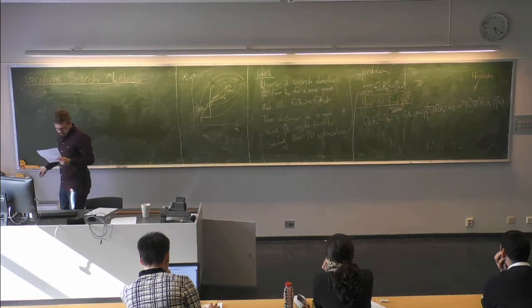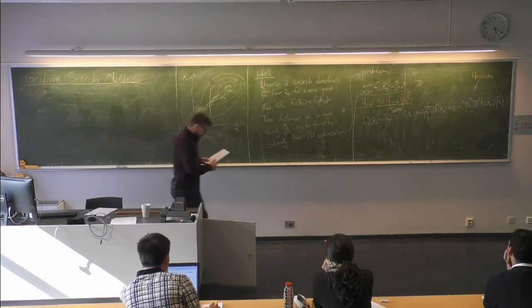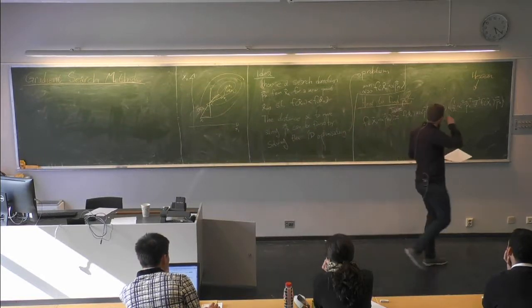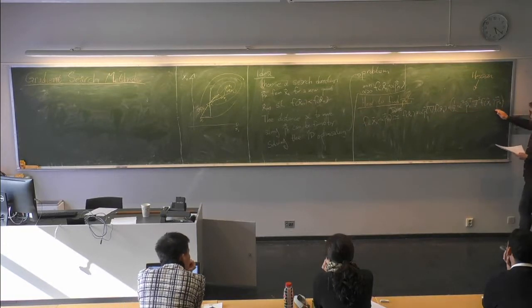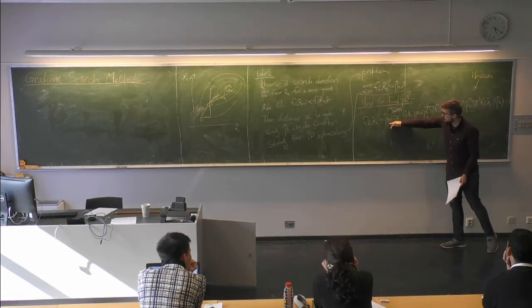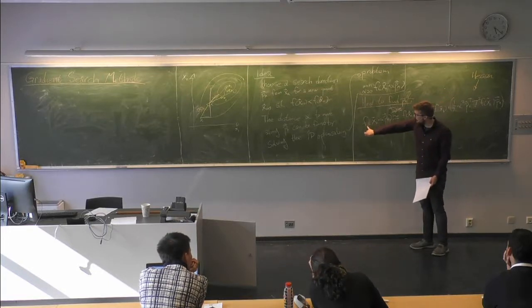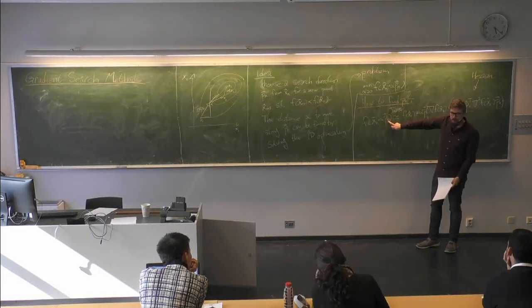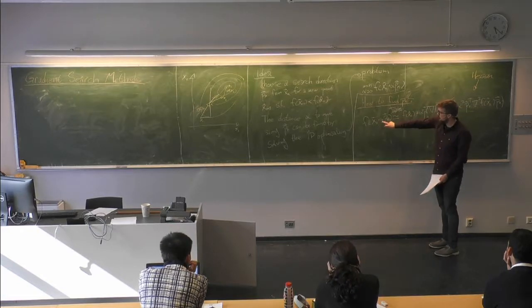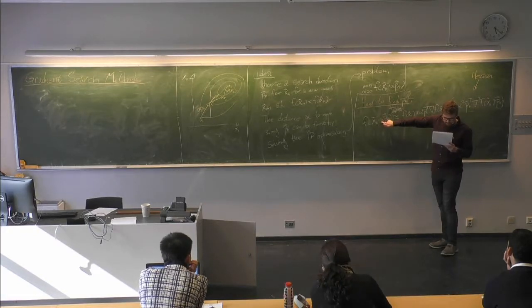Let me write this with some words. If we just disregard again this bit and just look at this, then this is the rate of change of the function f at the point xk in the direction pk. And the rate of change is going to be this alpha here.